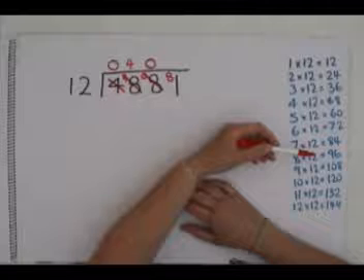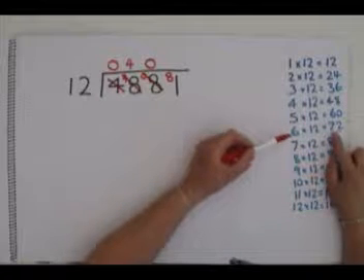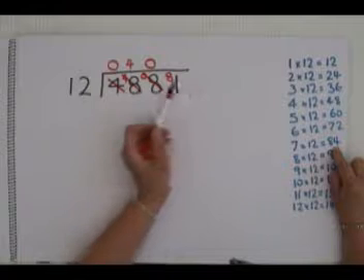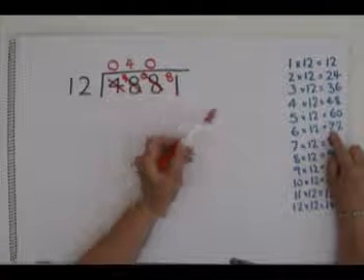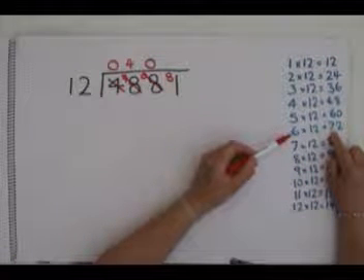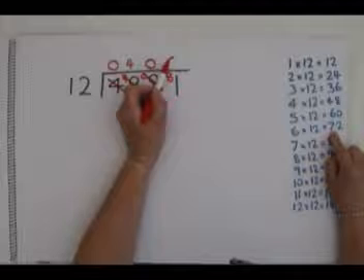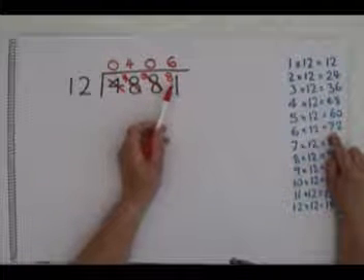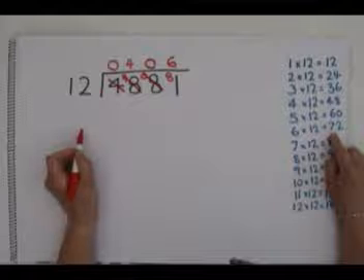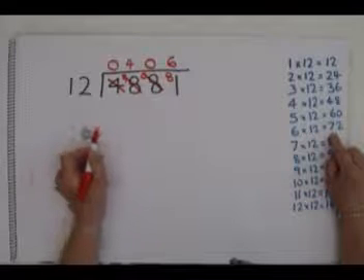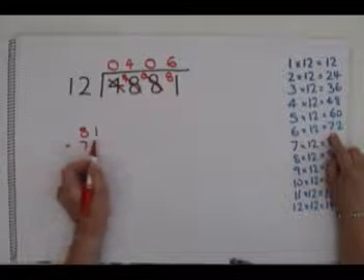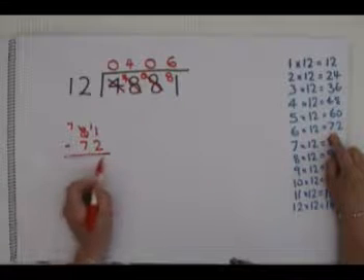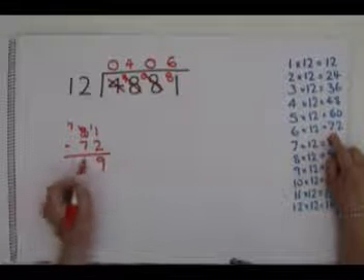Referring to our times table, we see that 6 times 12 is 72, 7 times 12 is 84. We've only got 81, so we have to go to 72. 6 times 12 is 72. We write 6 up here, and then we work out the difference between 72 and 81. 81 minus 72 gives a remainder of 9.